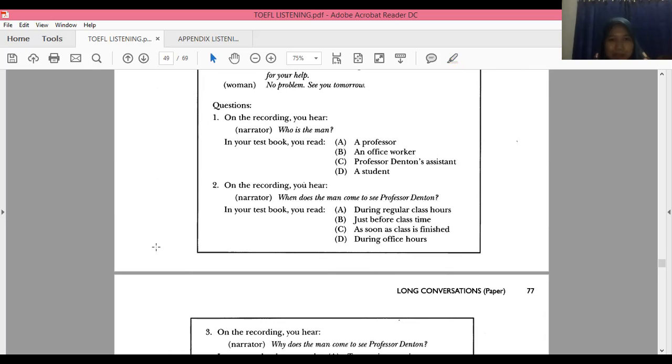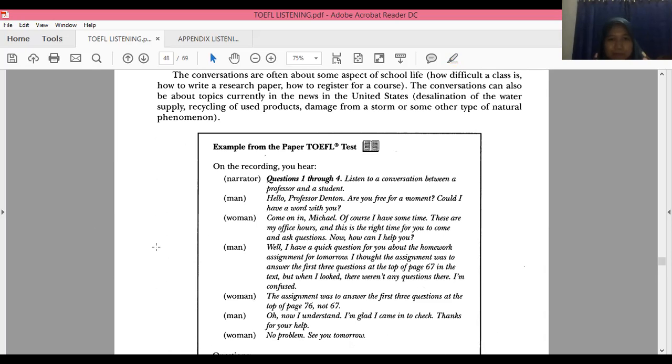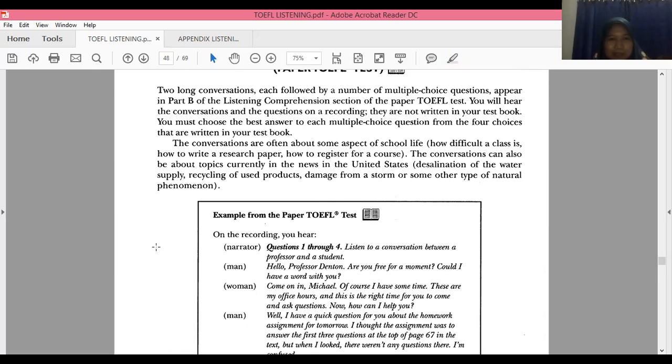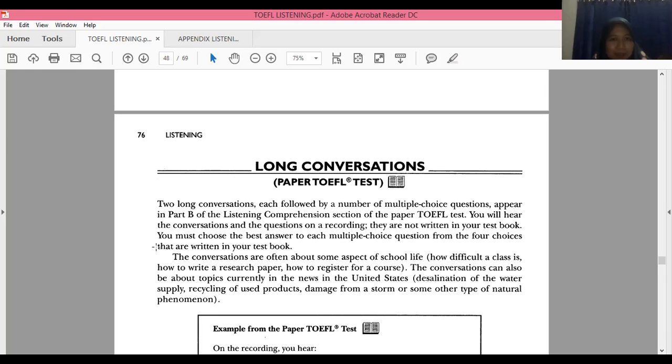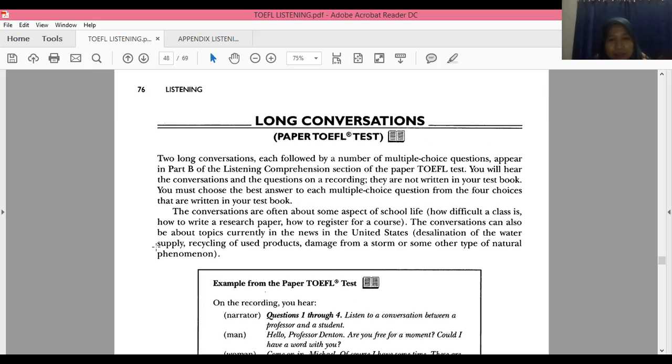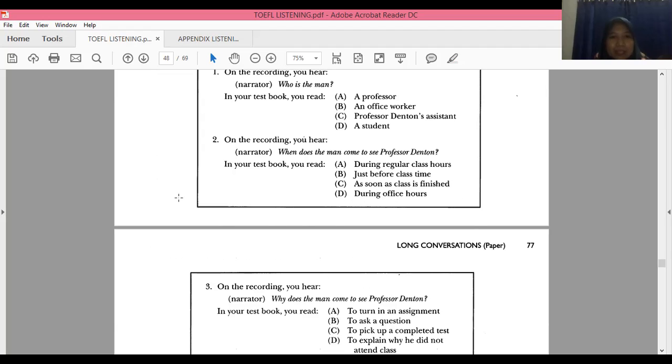And there will be some trick. Some of my students feels that part A is easier because one dialogue for one question, but the other feel that, oh, it's easier for the long talk mix because one dialogue for several numbers and they come in accordance dan mereka munculnya berurutan, jadi gampang diprediksi.